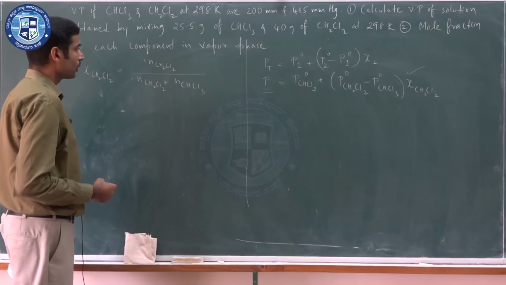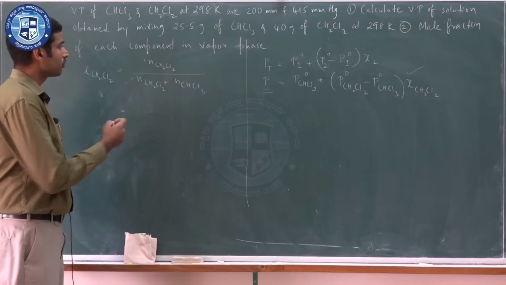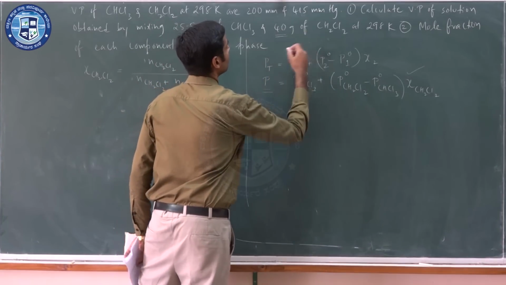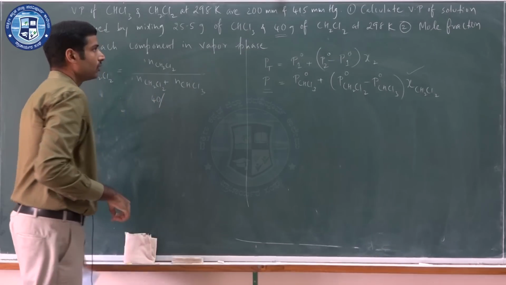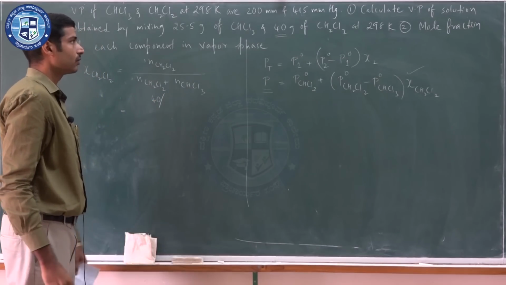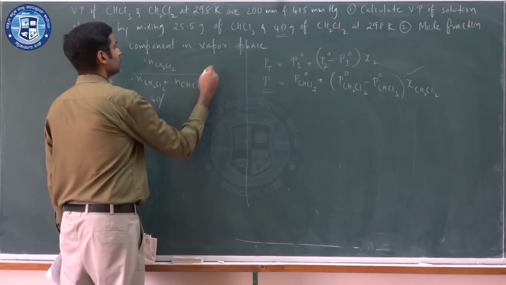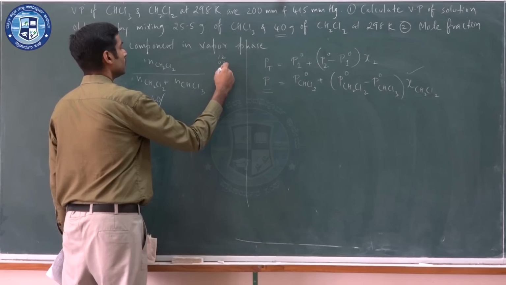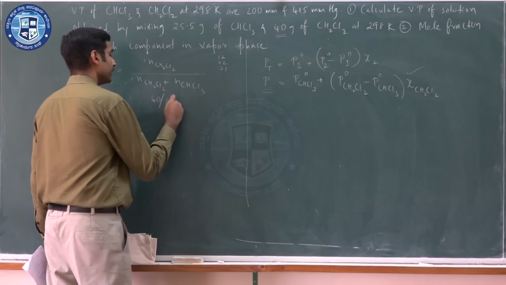Mass by molar mass will give you the number of moles of any of the components. So, I have mass as 40 grams divided by the molar mass of dichloromethane. So, you have to add the atomic weights. I have 1 carbon 12, 2 hydrogens 2, 2 chlorines 35.5 into 2, which is 71, so you will get a value of 85.